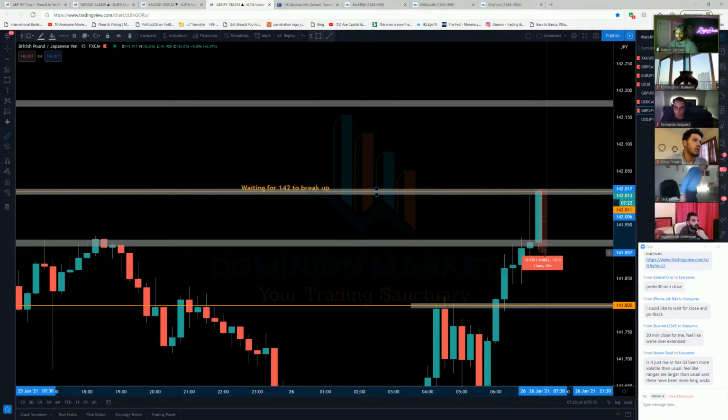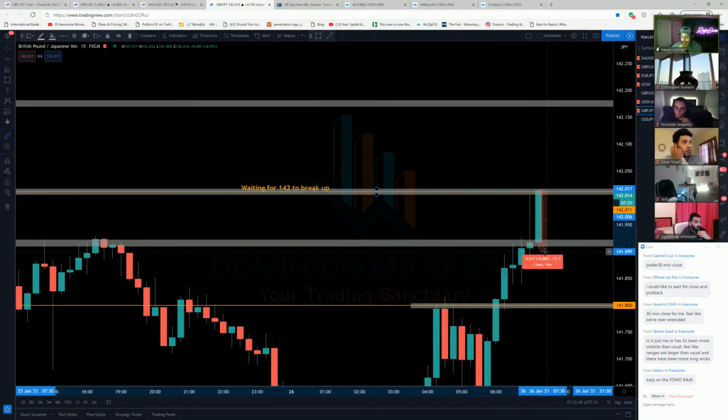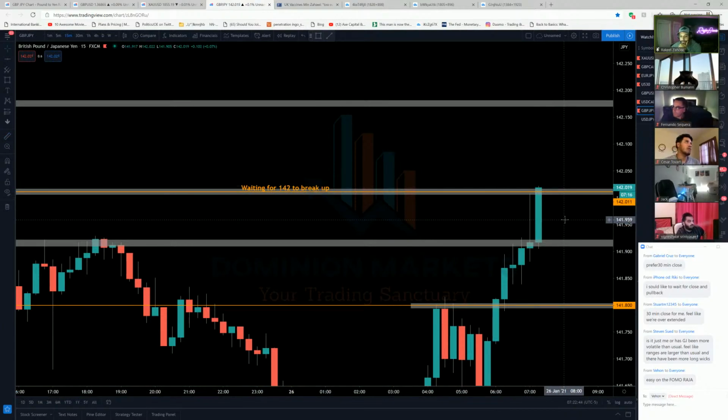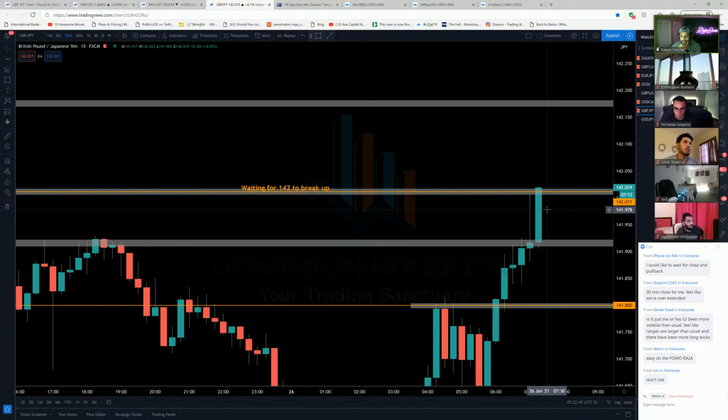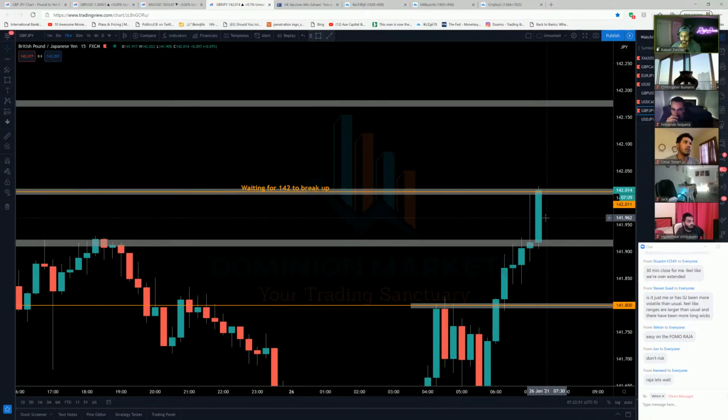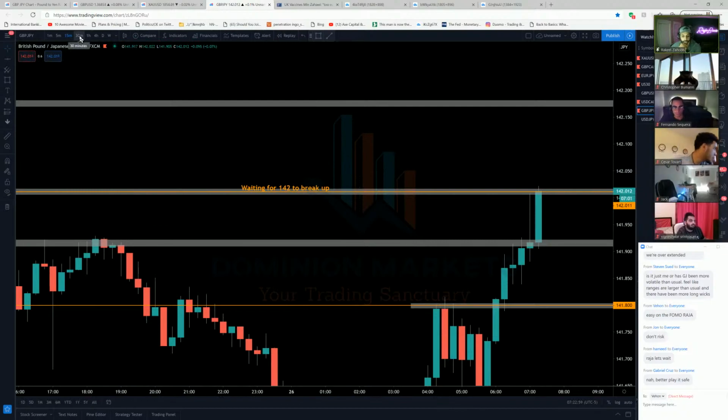So do I want to risk it in this situation, or do I want to wait for this 15-minute candle to close? Because even if I take this trade, we can still manage the risk if it continues back and closes back in the range. We got 7 minutes left. I guess we'll wait for this candle to close.